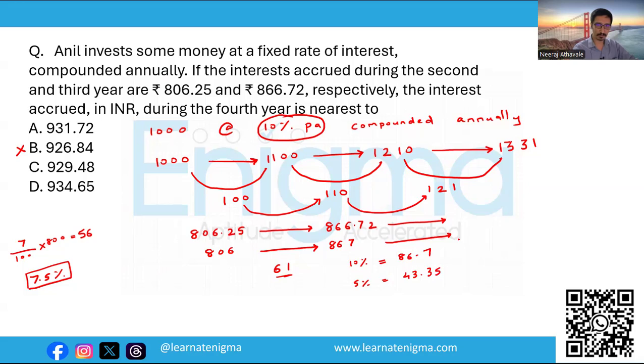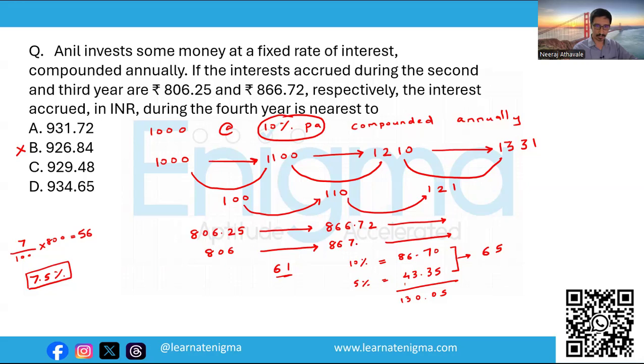So 7.5% is nothing but the average of these two. Okay, so if you add these, that will give you 130.05. Okay, 130.05 divided by 2 comes out to be approximately 65.